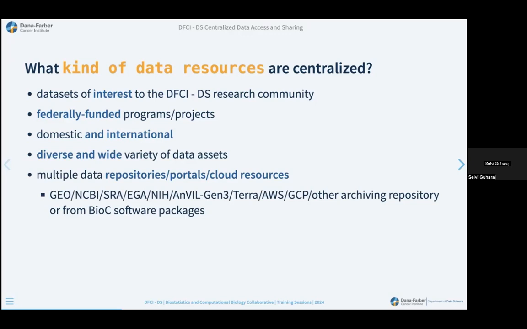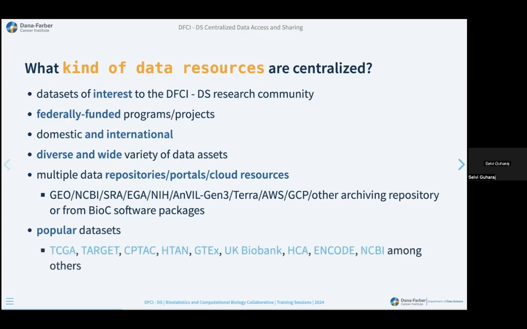We also download that data because we get requests from statisticians or computational biologists asking for data from BioC packages. Most importantly, it naturally includes the popular data sets like TCGA and TARGET. I've listed just a few.